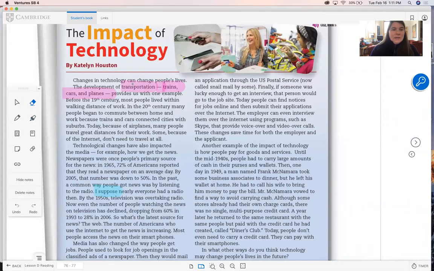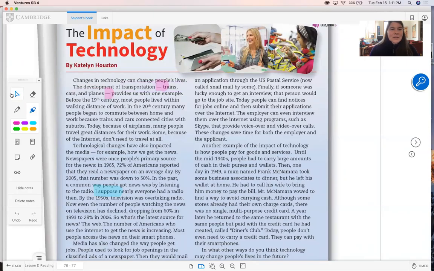So when you see this dash and this dash, that means that what's between the dashes is an explanation of the word in front of it.